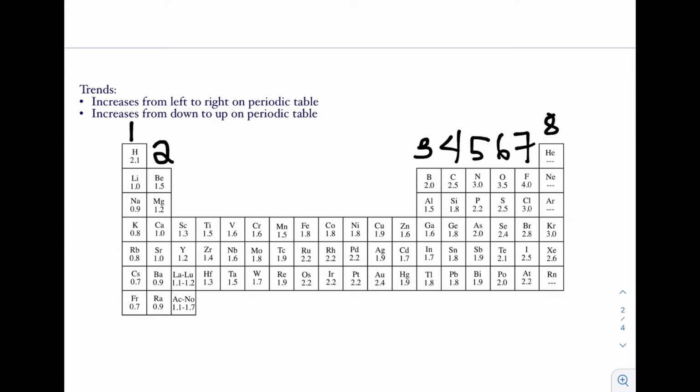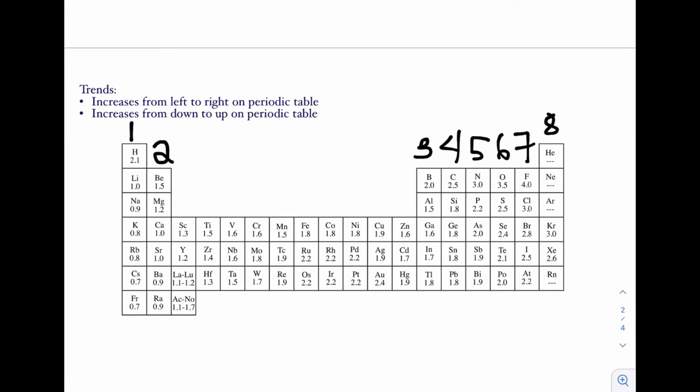So, as you can see in the trend, as you increase in the number of electrons in the outer shell, the electronegativity values will start to increase, because as you get more electrons in the outer shell, the more likely the atom will want to get all of its shell filled.